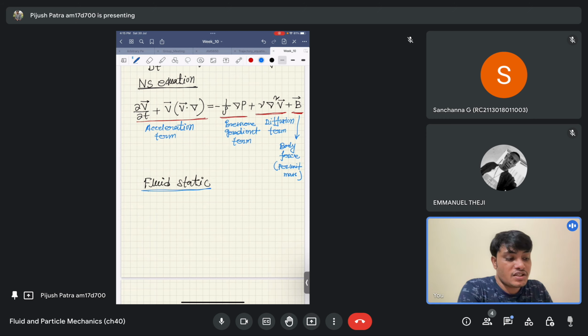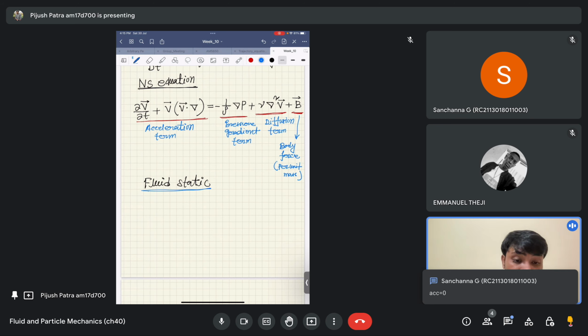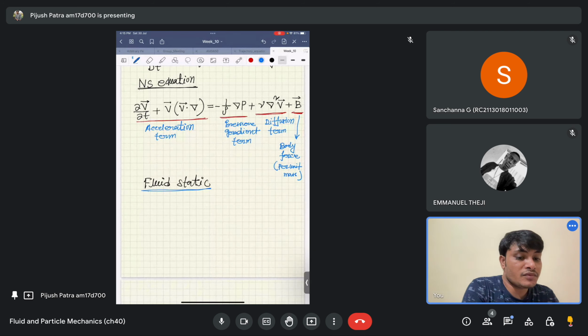So if the velocity is 0, then the left hand side is entirely 0, there is no acceleration of the fluid. The diffusion term will also be 0 because the fluid will not feel any viscous stresses or any effect of viscosity.